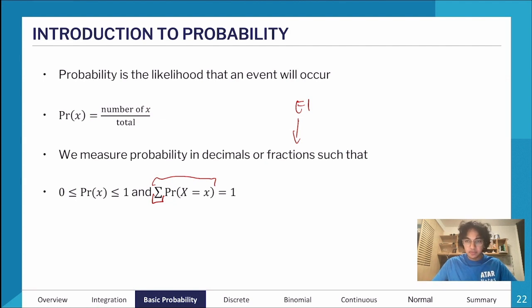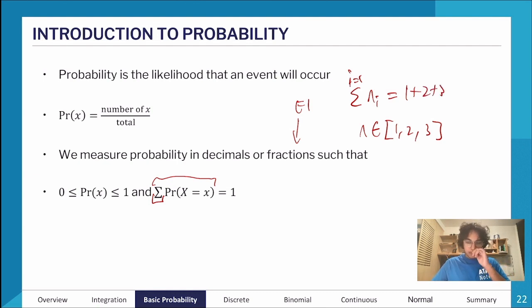Maybe the sum of n_i, where i is equal to 1, and n is a set of 1, 2, and 3. The notation is not entirely correct, but hopefully this will help you get the gist of it. You're just doing 1 plus 2 plus 3, right? You're just summing all the probabilities up, or summing all the values in that set.